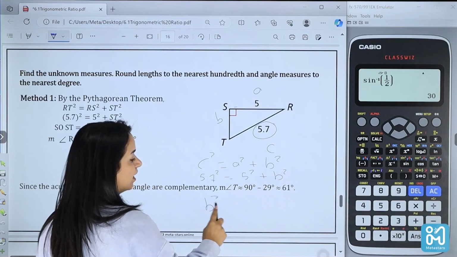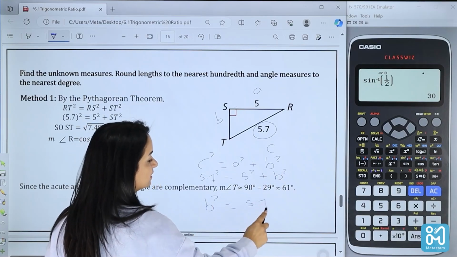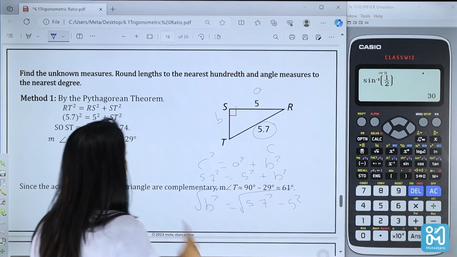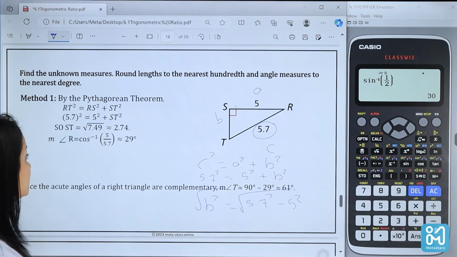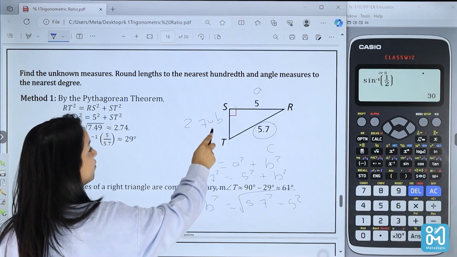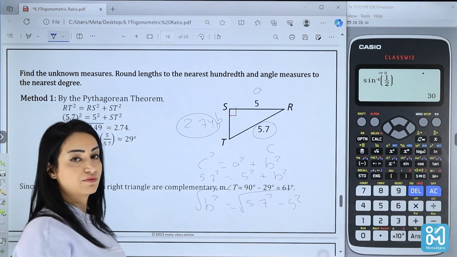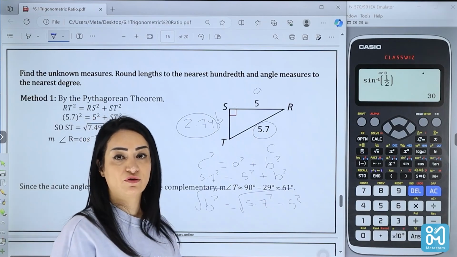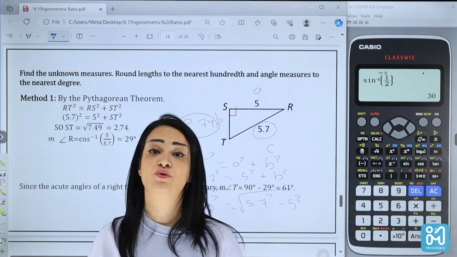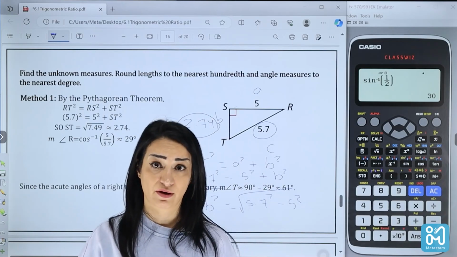So b squared will be 5.7 squared minus 5 squared, under the square root. The measure of this side is equal to 2.74. So always in a right triangle, if I know the measure of two sides, I can use the Pythagorean theorem to find the third side.